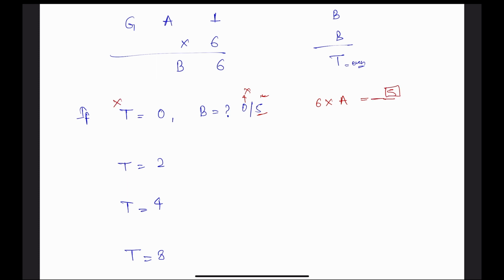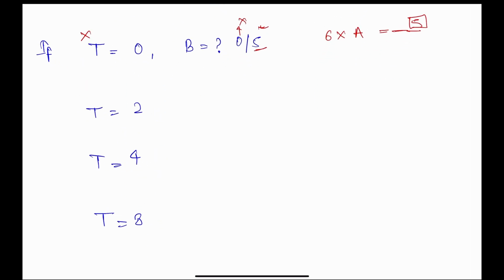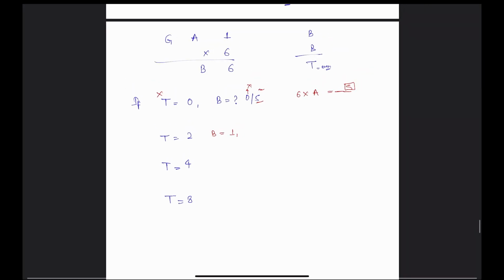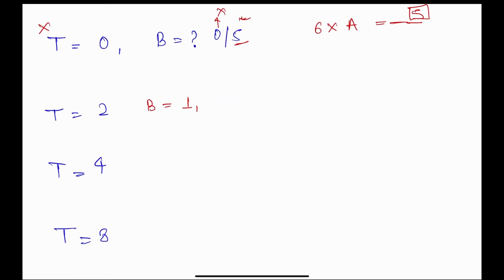T equal to 2. Let's think of T equal to 2. So what can B be? 1. Then only 1 plus 1 is 2. Or if not 1, then it has to be 6, 6 plus 6 is 12. Then only is it possible. Otherwise no possibility. So the possible value of this is either 1 or 6.